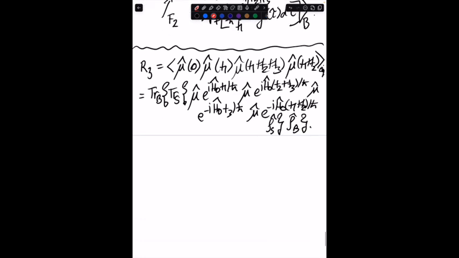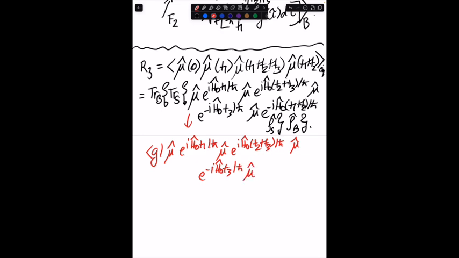You compute the trace over the system states first, and you effectively get this expression: e raised to the power i h0 t1 upon h bar, mu, e raised to the power i h0 (t2 plus t3) upon h bar, mu, e raised to the power minus i h0 t3 upon h bar.